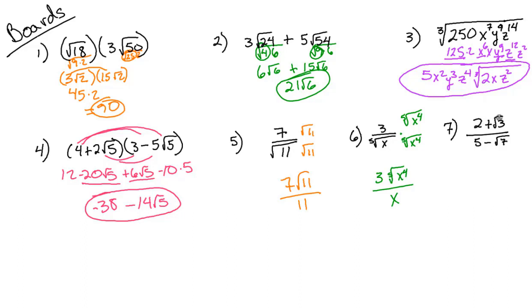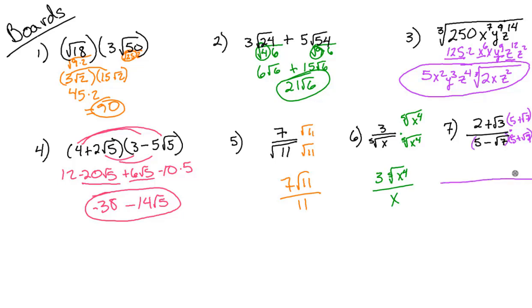All right, and the last one. We have 2 plus the square root of 3 over 5 minus the square root of 7. We've got to times by something that will clear out the irrational on the bottom, and it will be its conjugate. So we're going to times by 5 plus the square root of 7 on top and bottom. All right. Yeah, let's put that in parentheses so we can see what happens.